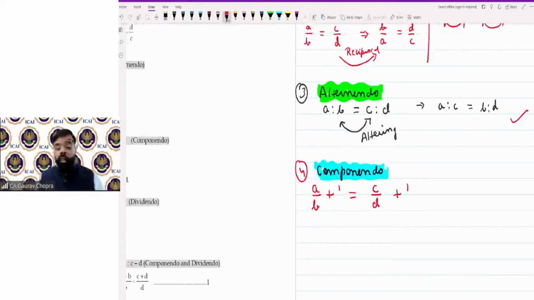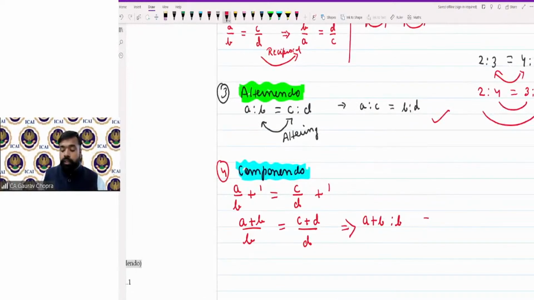If we add 1 on both the sides, then the ratio becomes A plus B upon B is equal to C plus D upon D. Or this can also be written as A plus B ratio B is equal to C plus D ratio D.